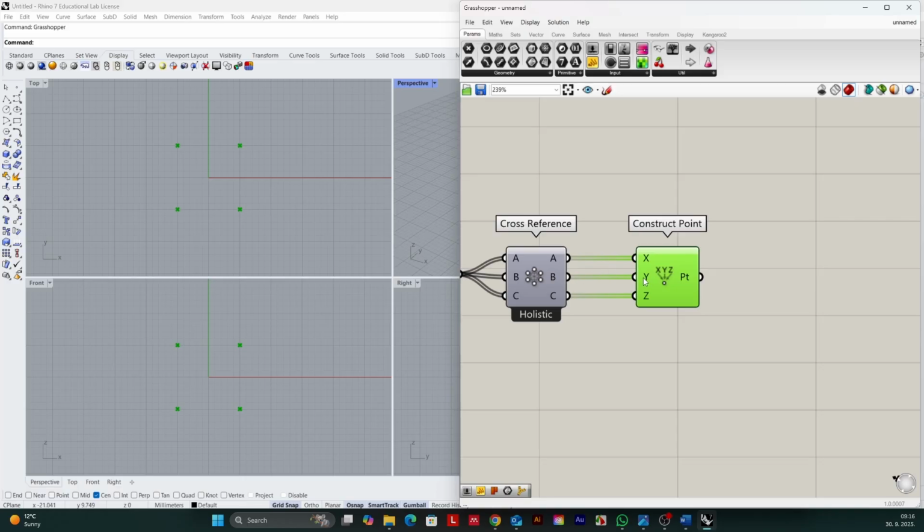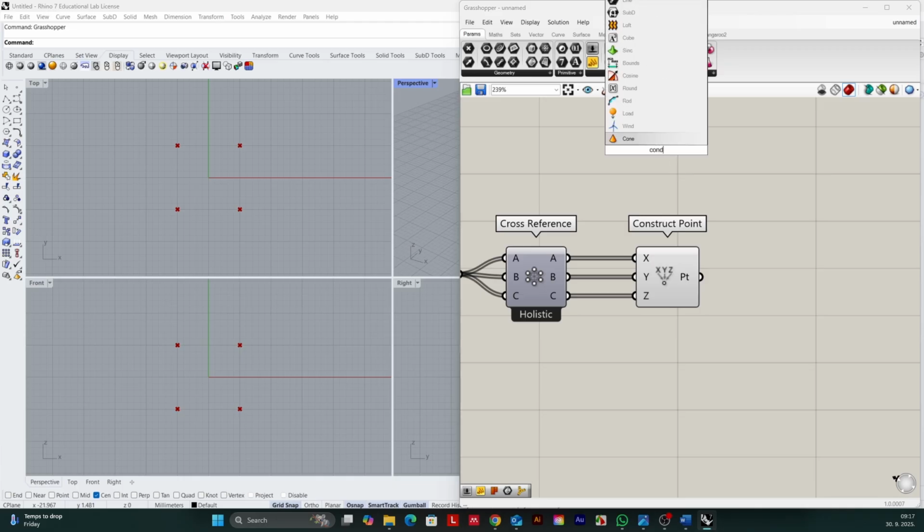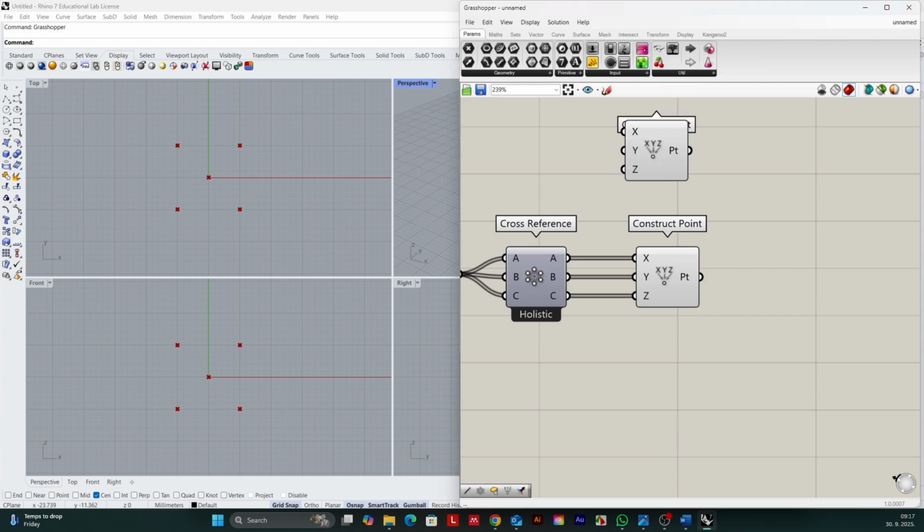But also we need, as I said at the beginning, one central point that represents world origin or absolute coordinate 0, 0, 0. So we add one more construct point, and by default, with no inputs, this component will create a single point at world origin 0, 0, 0.